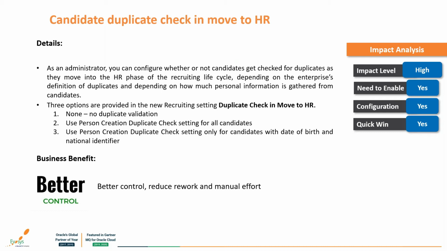Yes, this new feature gives better control to the recruiting processes, and it will reduce the rework. We have a lot of rework to do, so it will reduce that and help us clarify the business processes regarding recruitment. The impact level of this feature is very high. Using this feature will definitely give a business advantage to the users in their system.